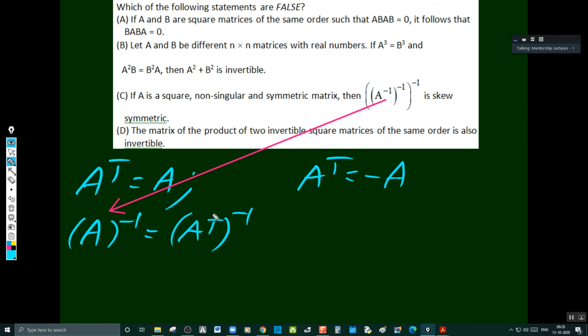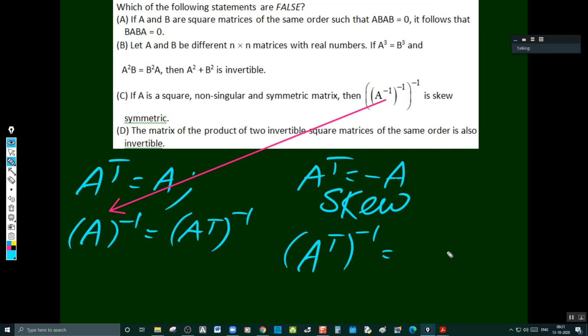If you find out the inverse of any matrix, and if you find out the inverse of its transpose, can anyone tell me whether they are equal or not? Do you understand my question? What I'm saying is, A transpose whole inverse is equal to A inverse or not.